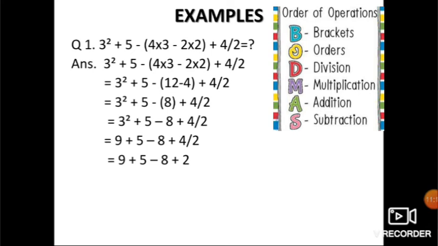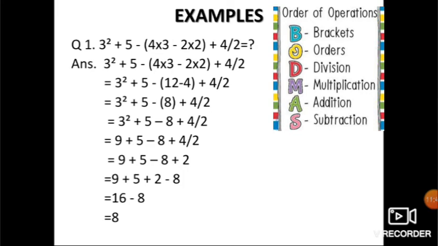We can group all the addition on one side, which we have to add, and subtraction on the other. So we can write it as 9 plus 5 plus 2 and then minus 8. So it will be easy for us to calculate and get the answer. So the answer will be 16 minus 8, that is 8.